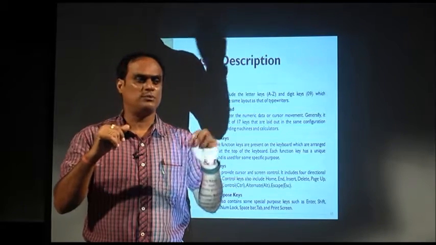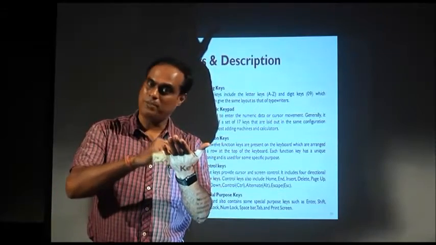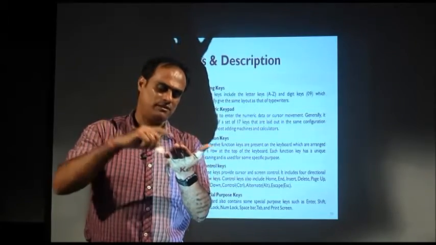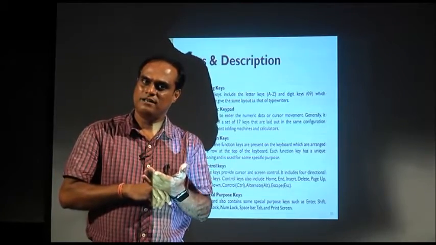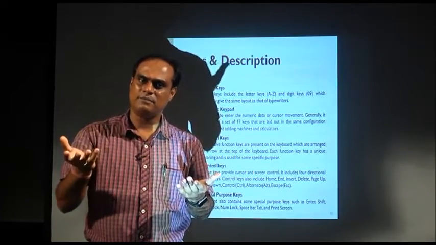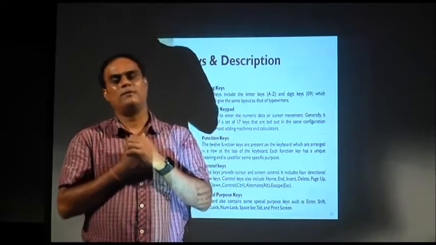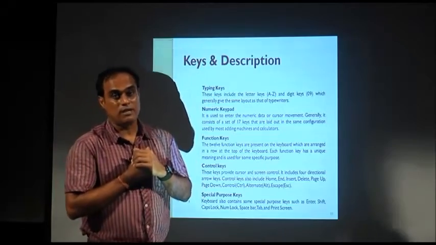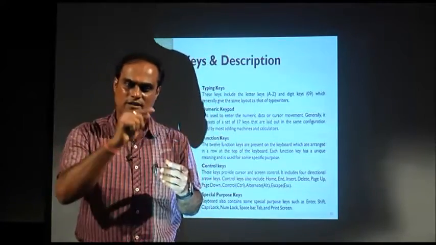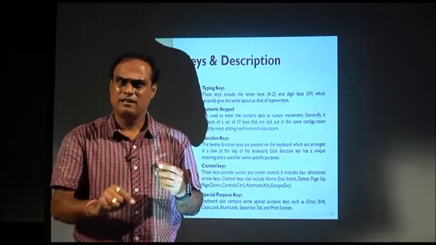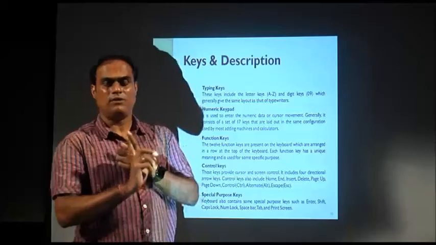Suppose I tell you to write something, you are using a pen and writing a paragraph on paper. If you feel that it is not correct, what do we normally do? We cross it out or we correct it. Exactly the same thing, how will it happen here?